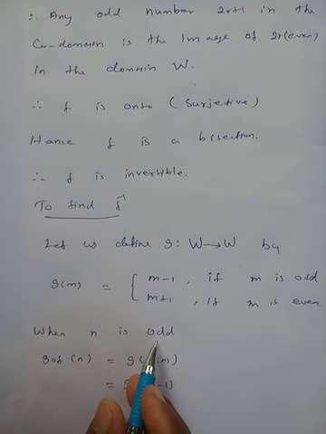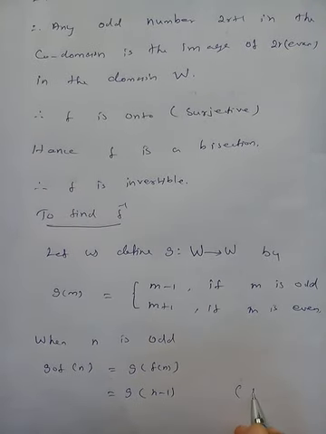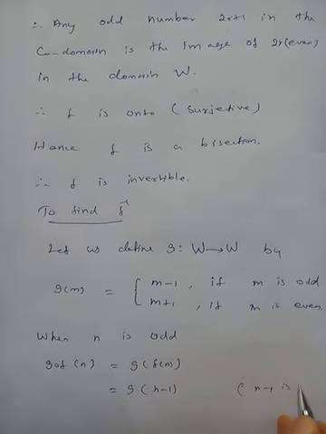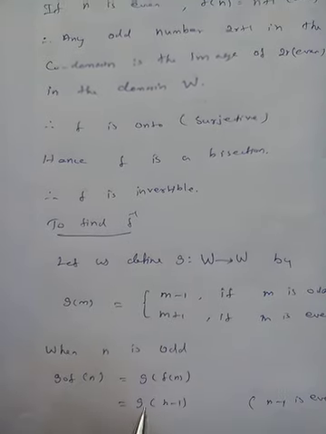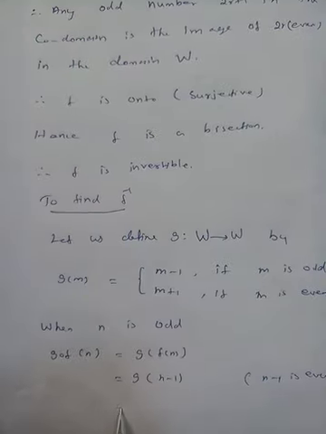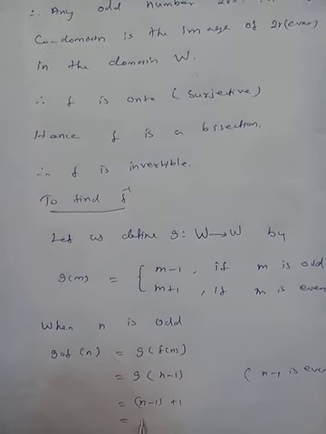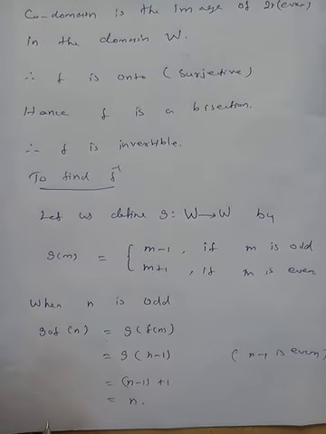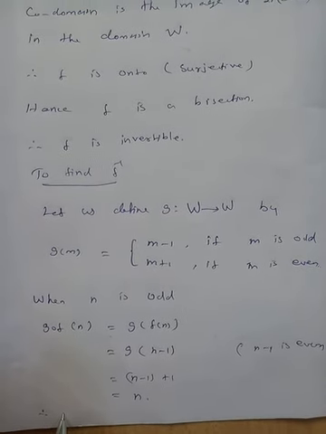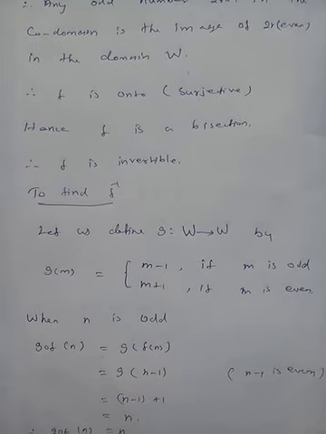Here n is odd, so n minus 1 is even. So for the function g(m), m even, g(m) is m plus 1. So this is equal to n minus 1 plus 1, which is n. Therefore, g composition f of n is equal to n.